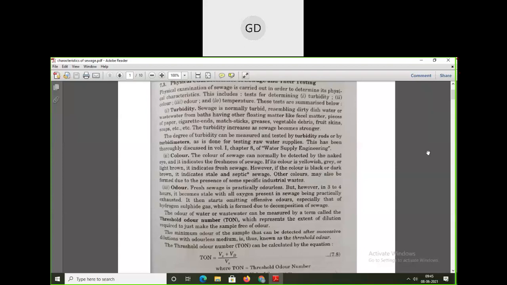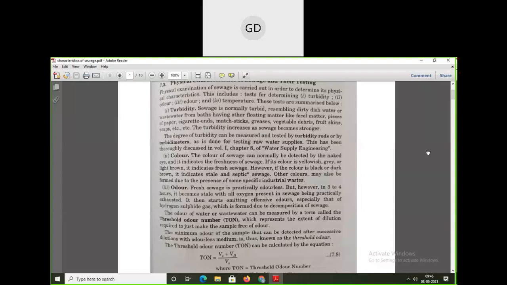Next is odor. Sewage will have some odor, but if the sewage is fresh, it will be odorless.